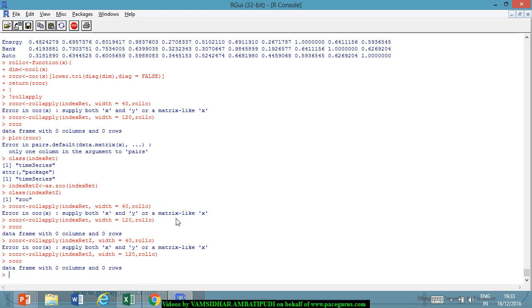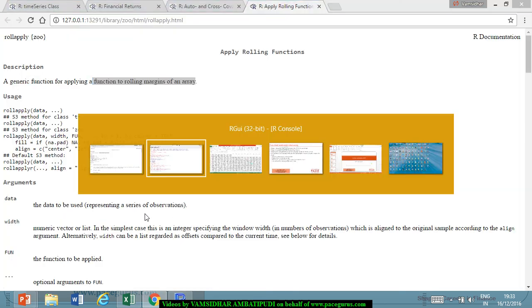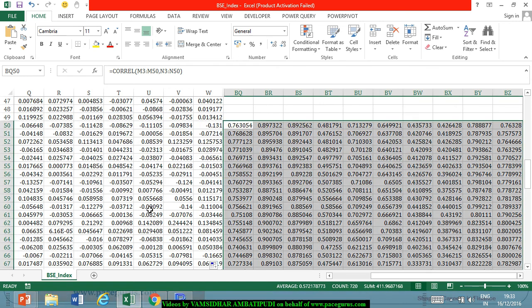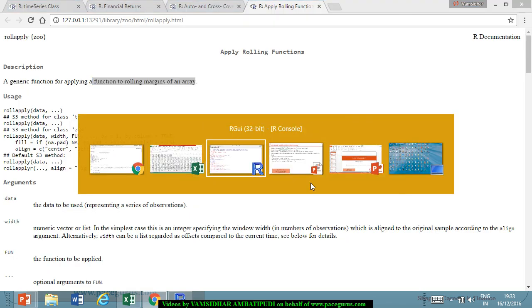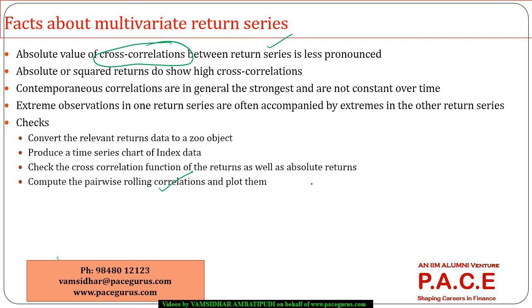There's some kind of problem working out with the rolled correlation. We can try this out, but these are the typical functions that can help us in assessing the rolled correlation. That's the same thing with respect to Excel, whatever I have executed. That's the typical concept. We see that the correlation keeps changing with time, and that's the major thing that we are talking of here.